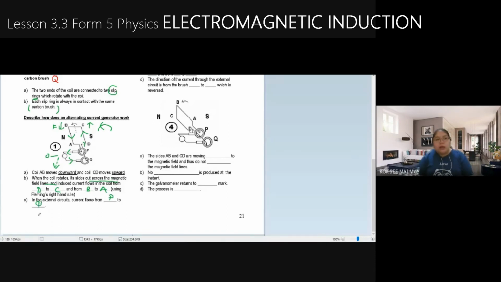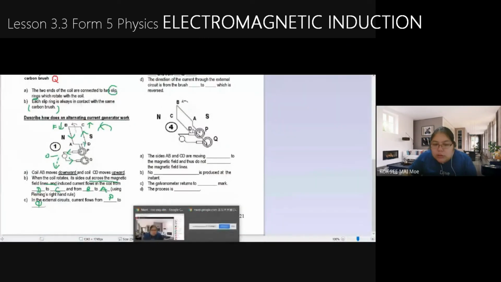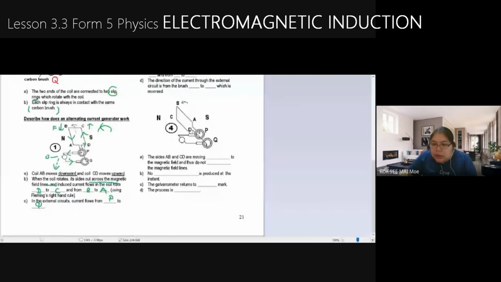Okay, for the first diagram, anybody want to ask? Later I want to prove how to produce AC. Kaijie, are you here? Kaijie, are you here? Don't know, gone already. Chua Jianing, got mic or not?